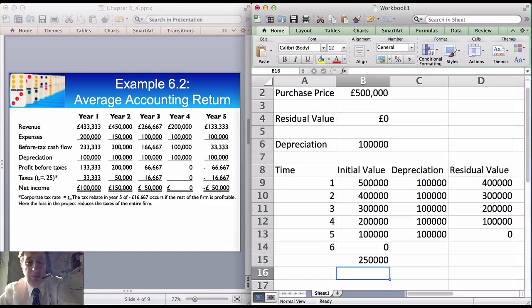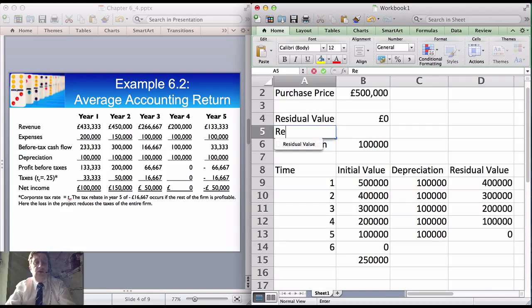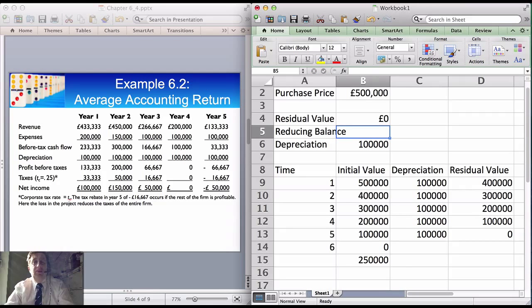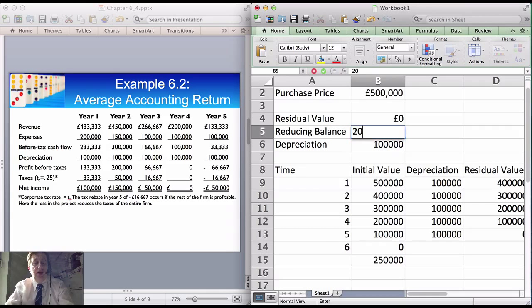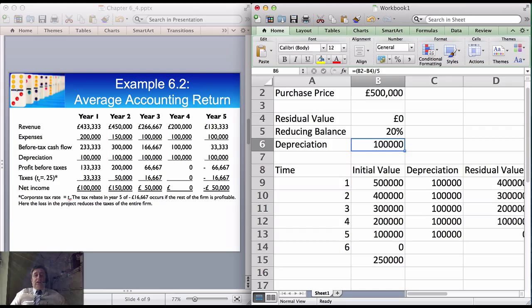So let's just assume that the reducing balance percentage is 20%. Now you might think, well, why 20%? Given that this is over 5 years, if it was straight line, then effectively 20% of 500,000 is 100,000. But we're going to do reducing balance now.